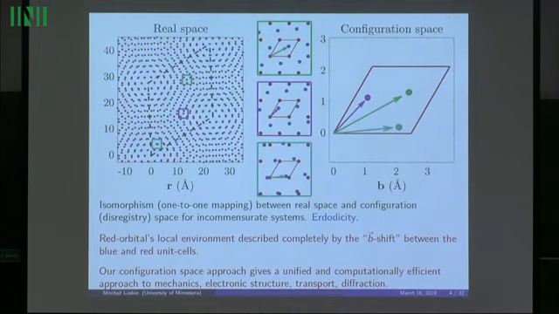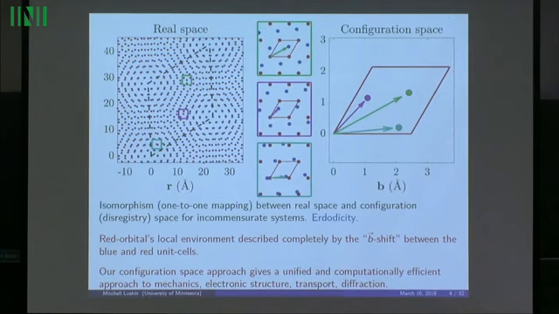So rather than take a large body limit and sample everything out to infinity, I can simply sit at one point and move that second lattice around with respect to its unit cell.